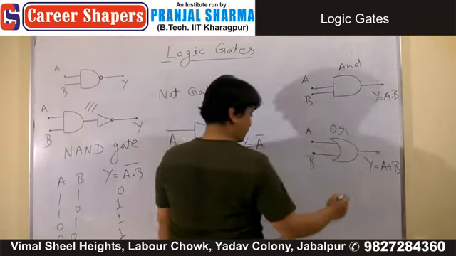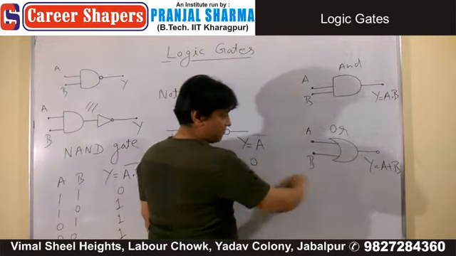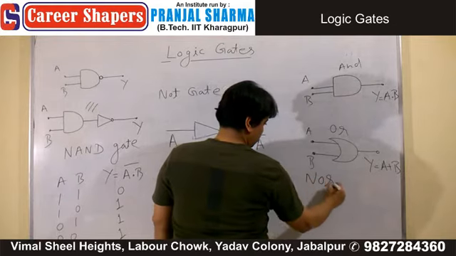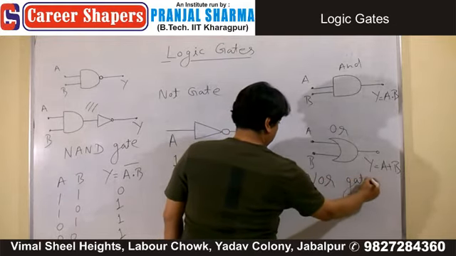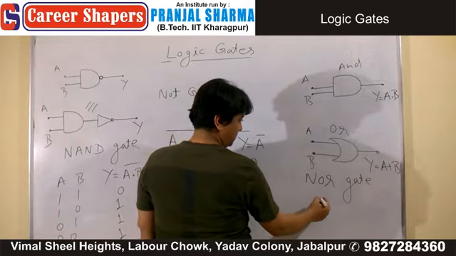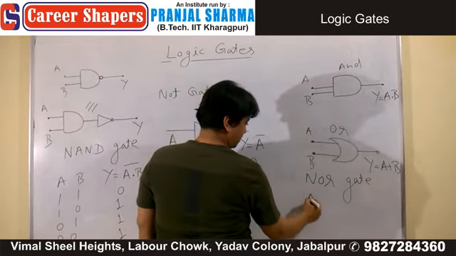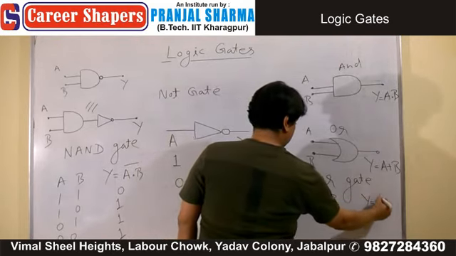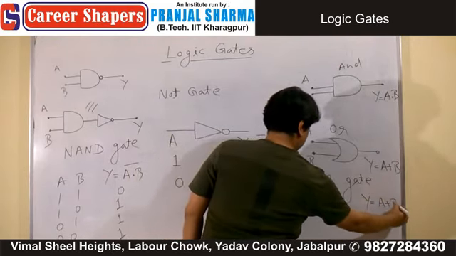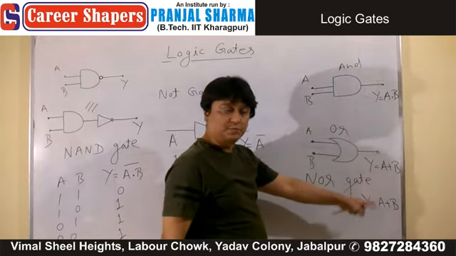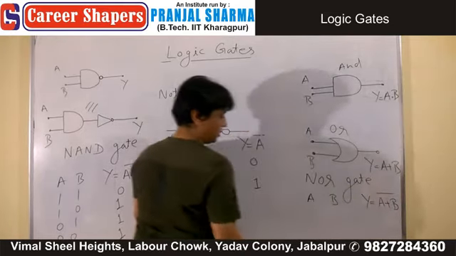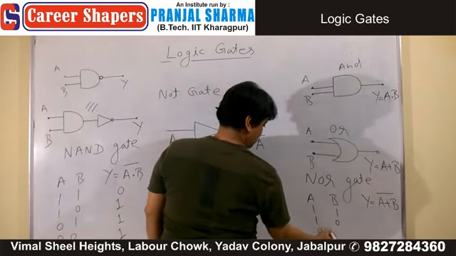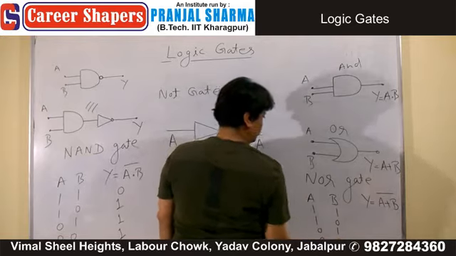Note down the NAND gate first, and I am writing down everything for NOR gate. A plus B bar. 1, 1, 1, 0, 0, 1, 0, 0.